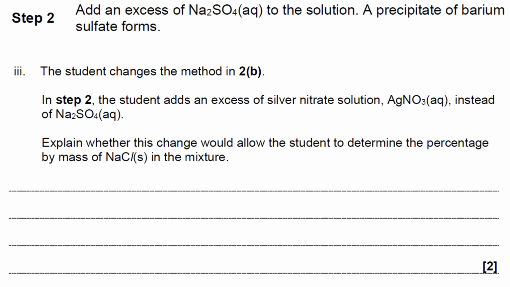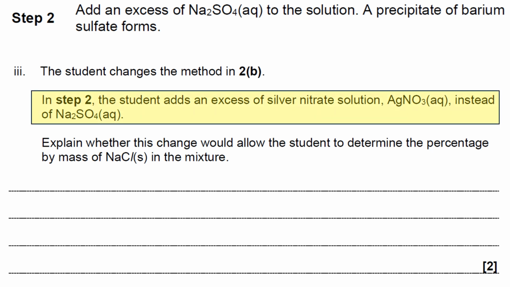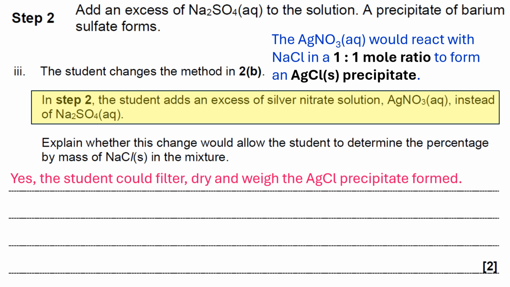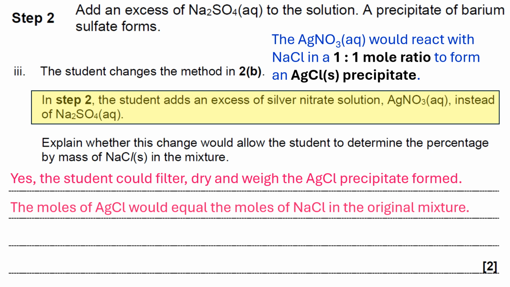Now the next thing to do is to have a look at an alteration to the method. The student adds an excess of silver nitrate solution. What this will do is react with the sodium chloride in a 1:1 mole ratio to form a silver chloride precipitate. This change would allow the student to determine the percentage, but this time they'd have to filter, dry and weigh the silver chloride precipitate.